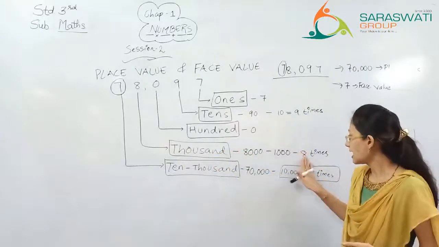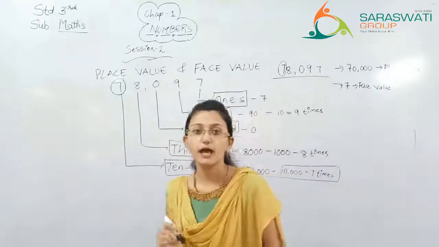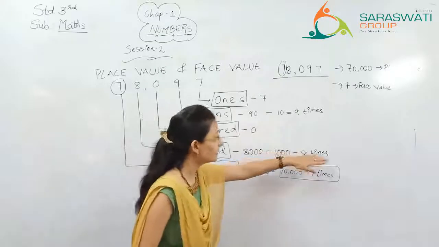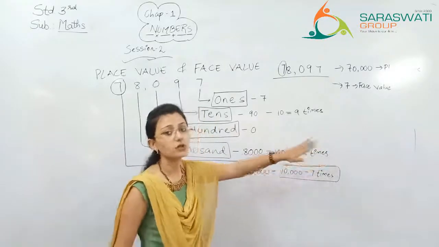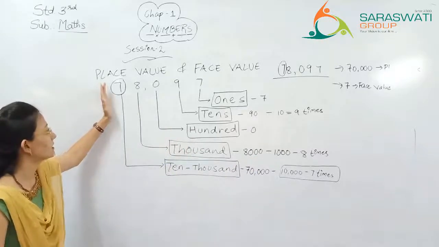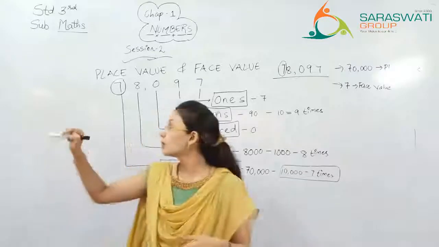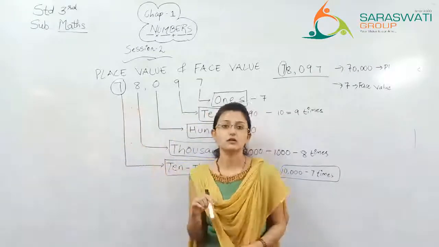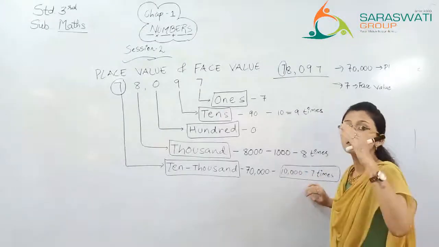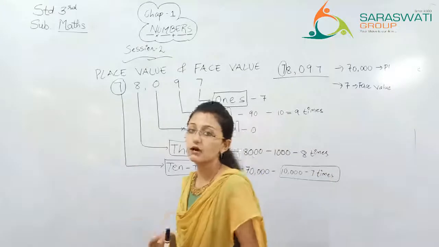So 1000 repeated 8 times is known as 8,000. Next one is 7. The place value of 7 over here is 10,000. So 10,000 repeated 7 times is known as 70,000.